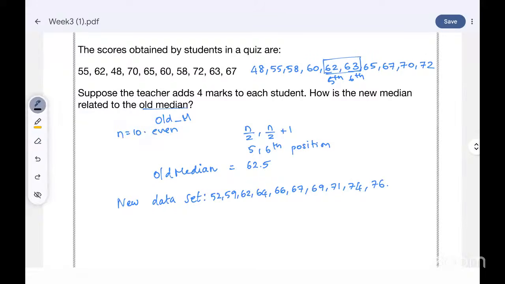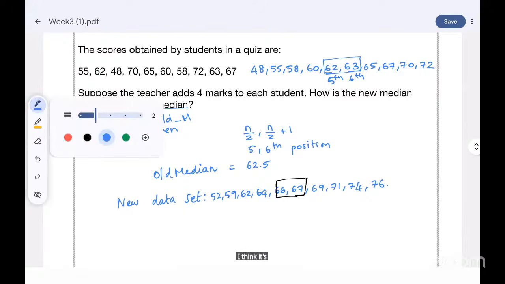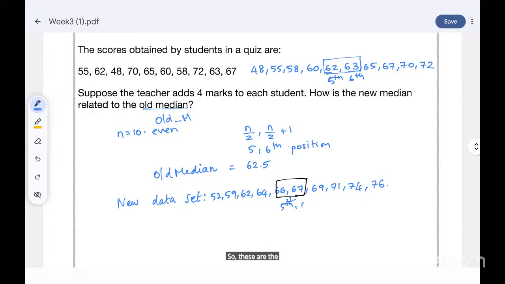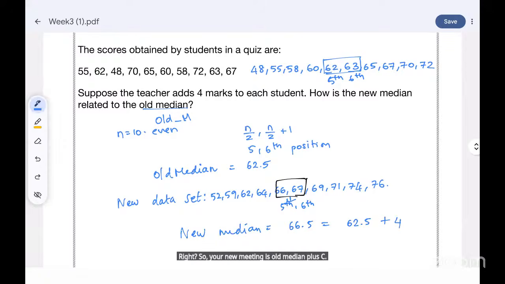So here, what are the 5th and 6th positions? 66 and 67. So the median is 66.5, which is 62.5 plus 4. So your new median is old median plus C.